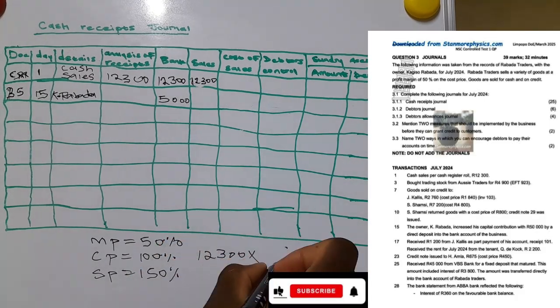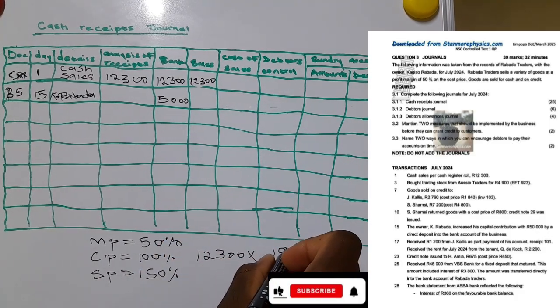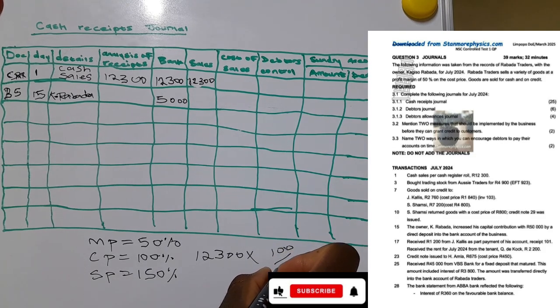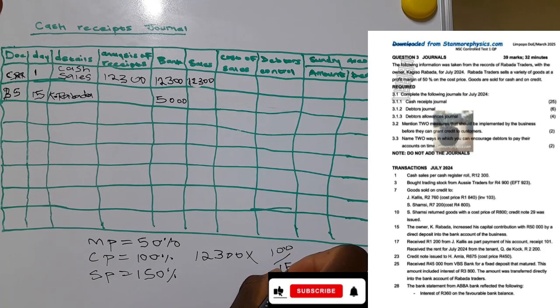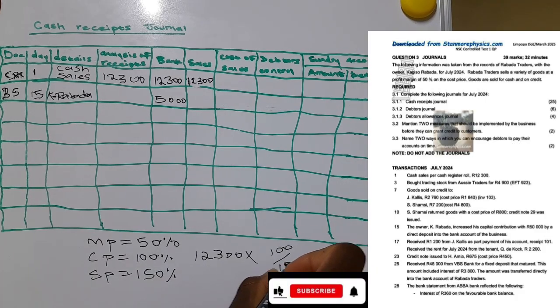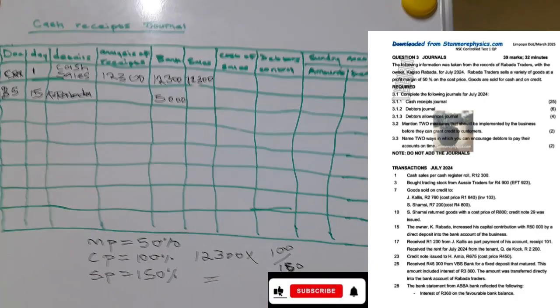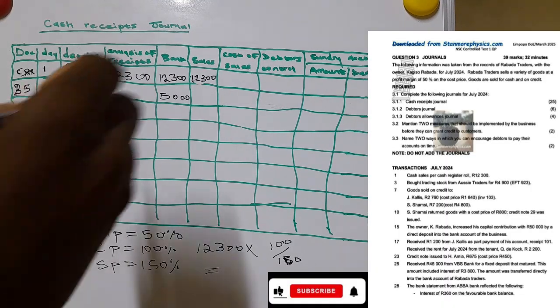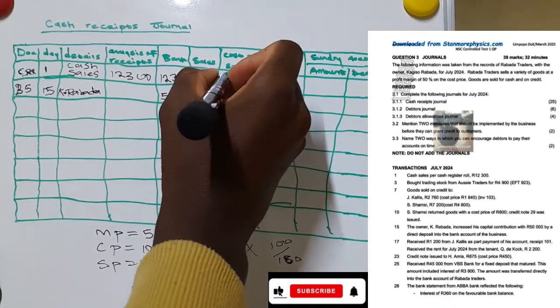We are looking for the cost of sales, our cost price, which equals 100, so 100 divided by 150. We are dividing by 150 because we have sales which equals 150. So it's going to give us 8,200.